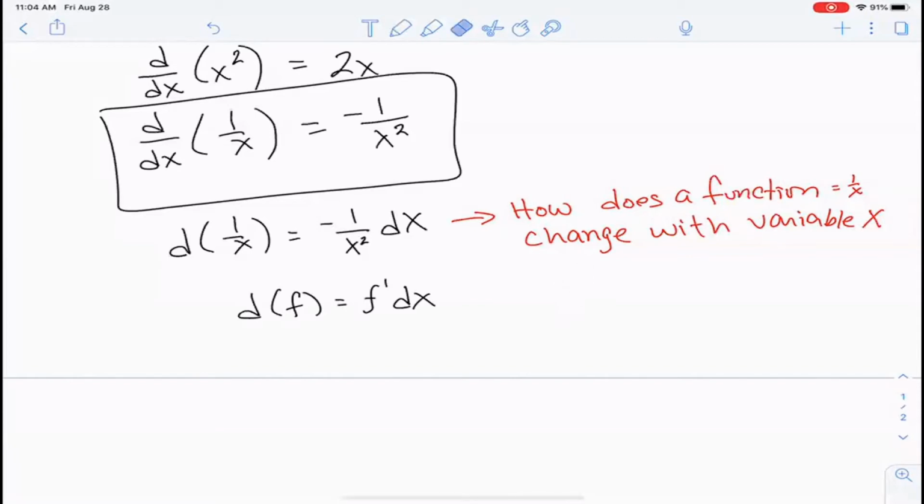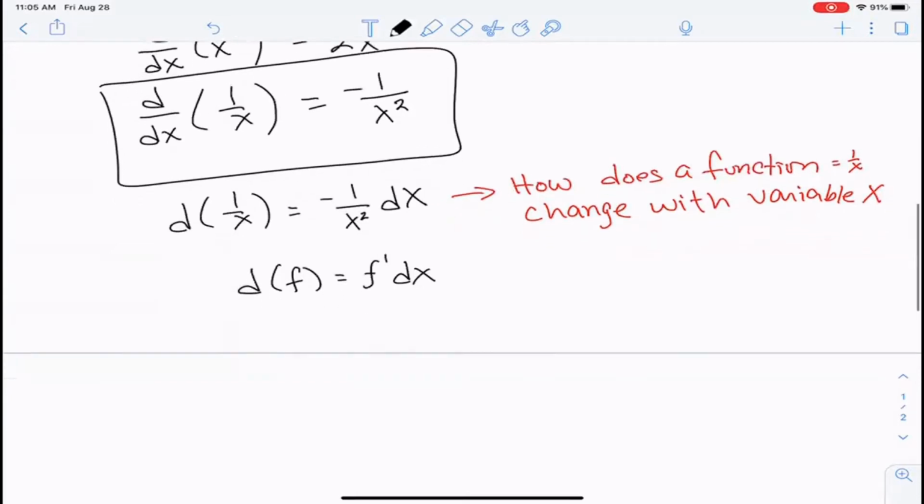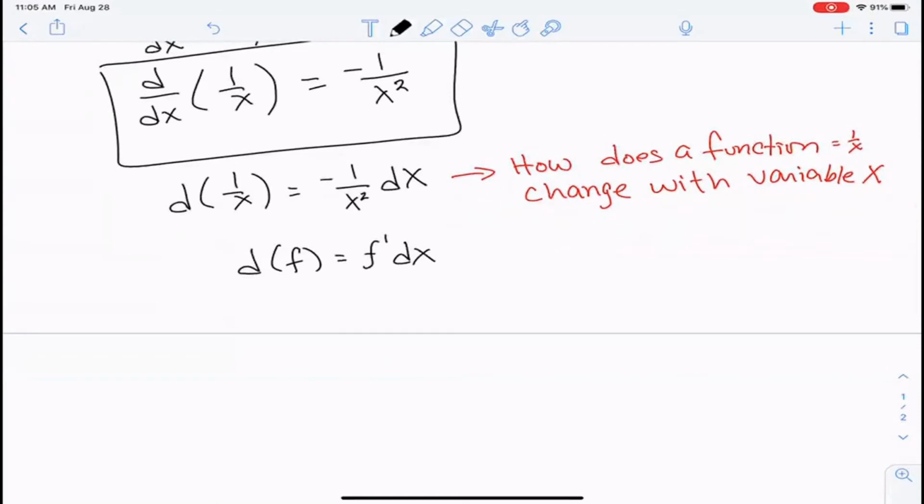But I want to use this idea, which might seem silly to you guys, with one independent variable and one function. These appear to be equivalent, but asking this question of how does a function change with a variable, and really thinking about it from a differential perspective, has much more utility when you do this with two or more variables.